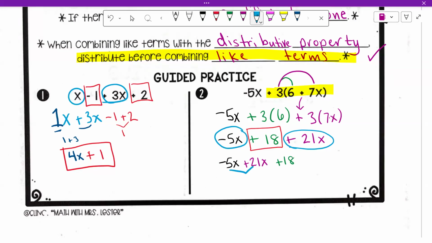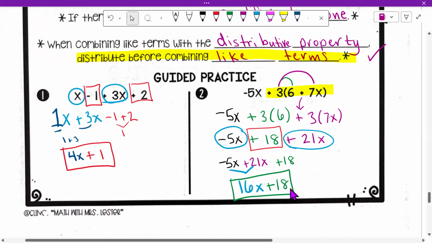Negative 5 plus 21 is a positive 16. X comes along. 18. Nothing's happening to that. So plus 18, and that is my simplified equivalent expression to what I started with. I can't do anything else. It's not like a 34. It's not a 34x. It is 16x plus 18 because 16x and 18 are not like terms.